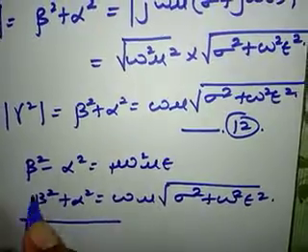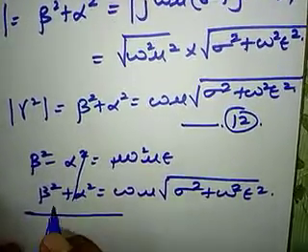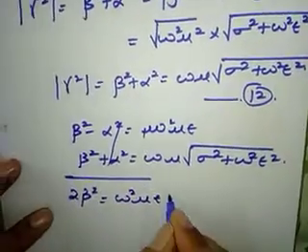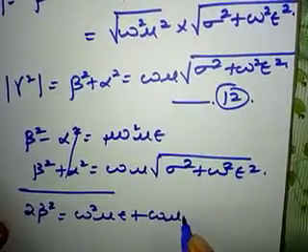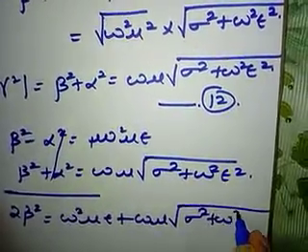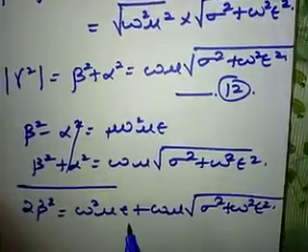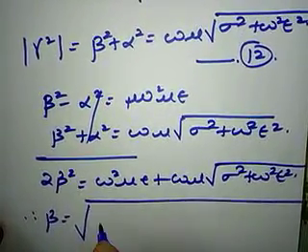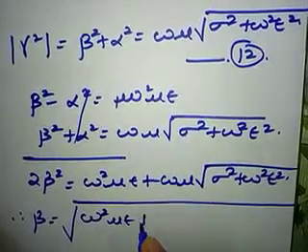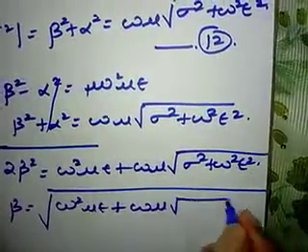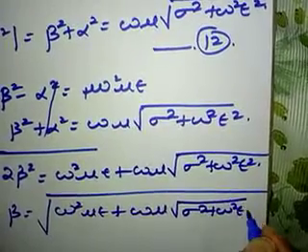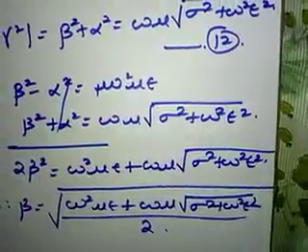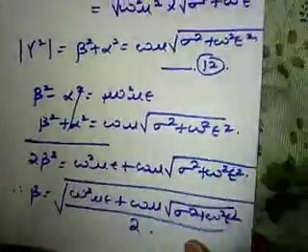Now add these, so plus alpha square and minus alpha square cancel, and we get 2 beta square equal to omega square mu epsilon plus omega mu square root of sigma square plus omega square epsilon square. Therefore beta will be equal to the square root of omega square mu epsilon plus omega mu square root of sigma square plus omega square epsilon square, divided by 2. Next we have to simplify this.